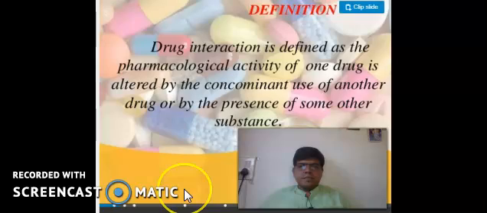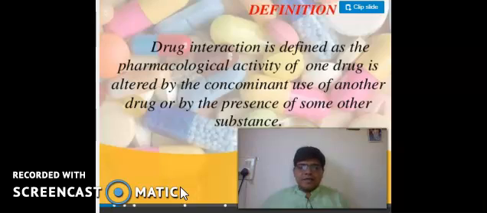The drug interaction is defined as the pharmacological activity of one drug being altered by the concomitant use of another drug or by the presence of some other substances.